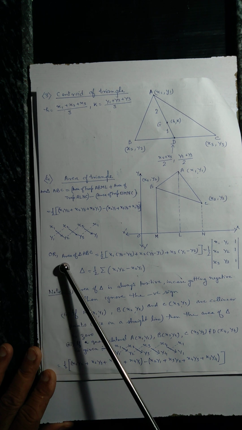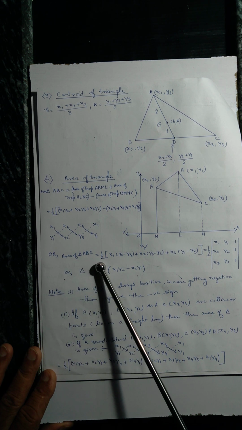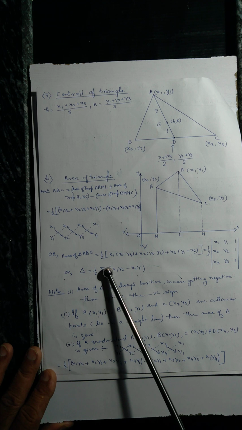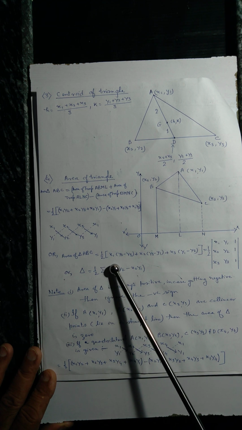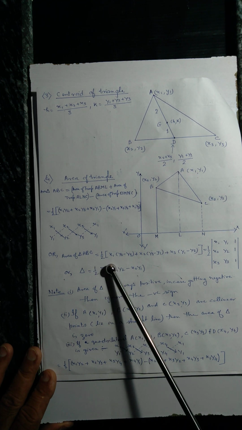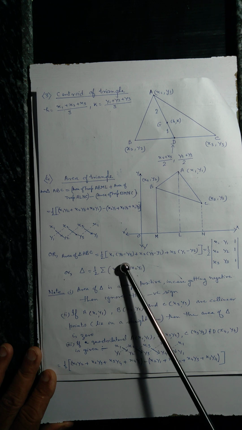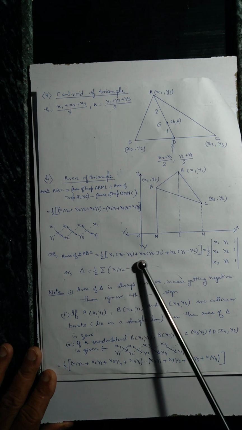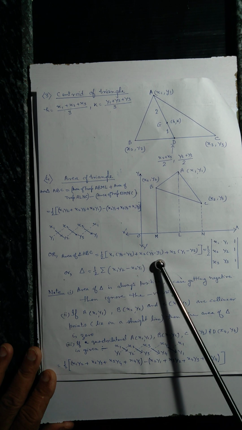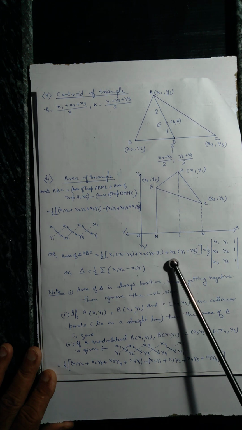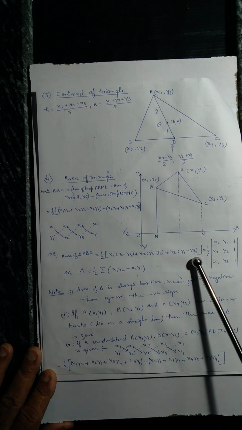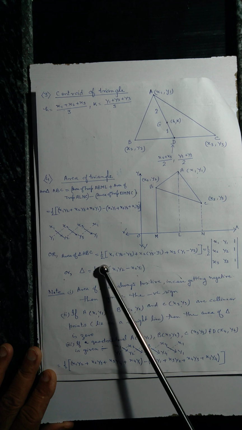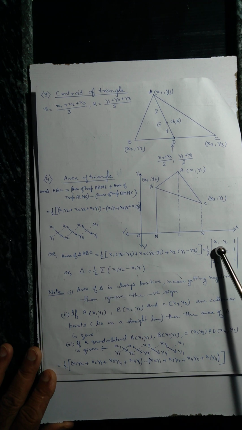So the area of triangle ABC will be equal to 1 by 2 [x1 into (y2 minus y3) plus x2 (y3 minus y1) plus x3 (y1 minus y2)], bracket closed, and outside there is 1 by 2.